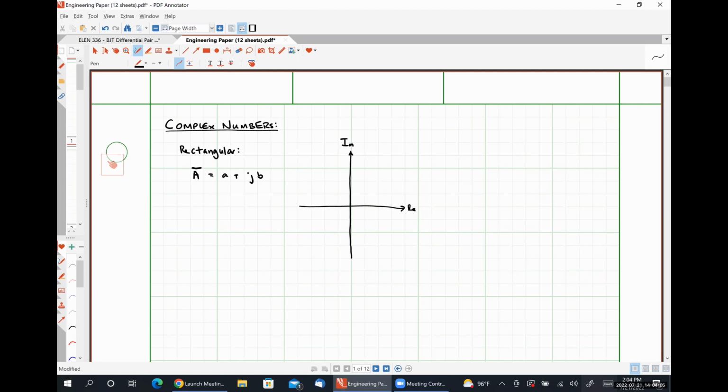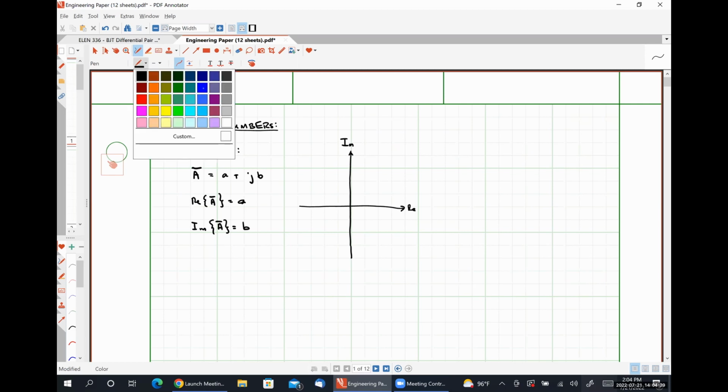Okay. We're going to talk about all of the different parts of this guy. Okay. So the real part of complex number A is lowercase a, and the imaginary part of complex number A is lowercase b.